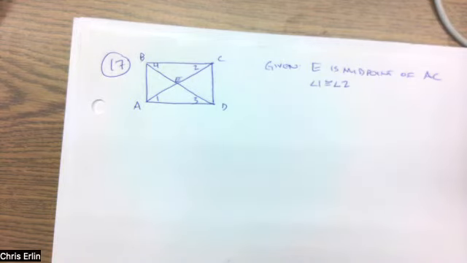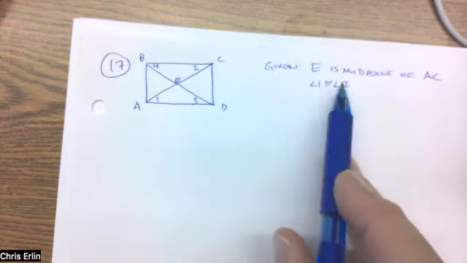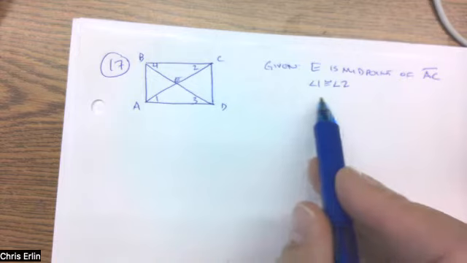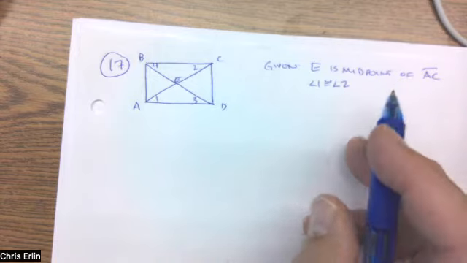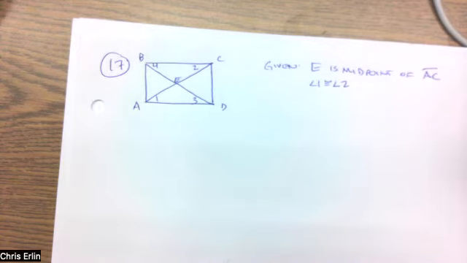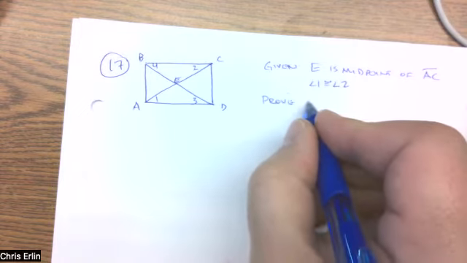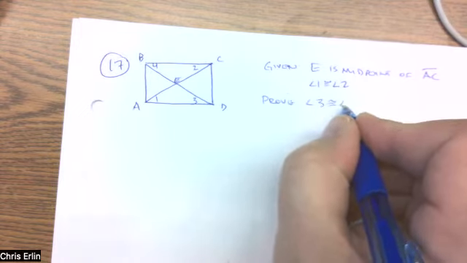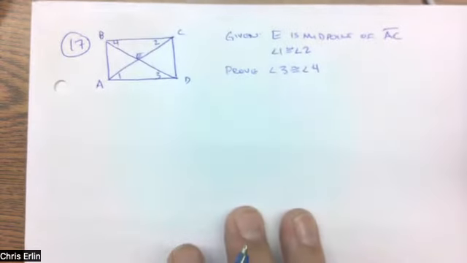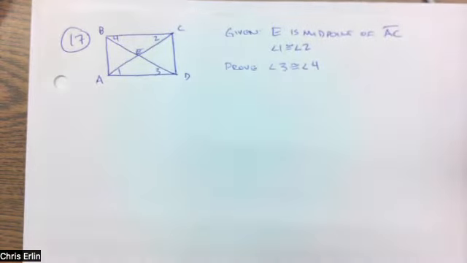What is the letter for the subject given? E is the midpoint of AC. Angle 2. All right, how do we start? Given.